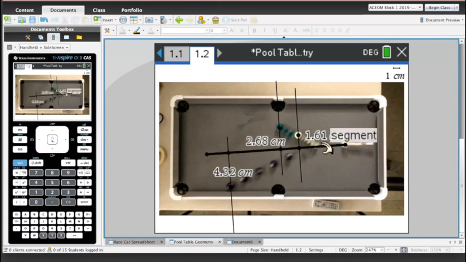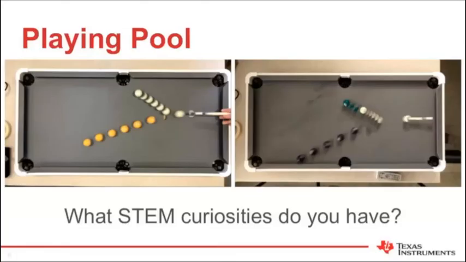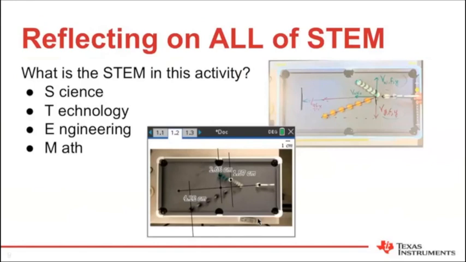What I'm going to do right now is I'm going to switch back. It's like those take and bake or those TV shows about cooking. I've actually got a nice picture over here where I played around with the numbers a little more. So I want to give you a moment to reflect, about 30 seconds, on what was the STEM in this activity.